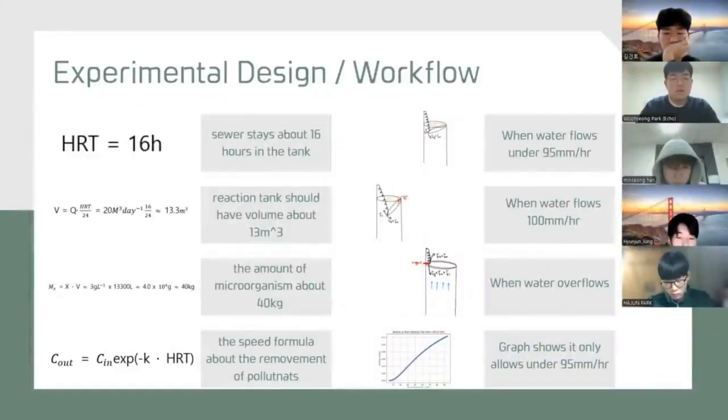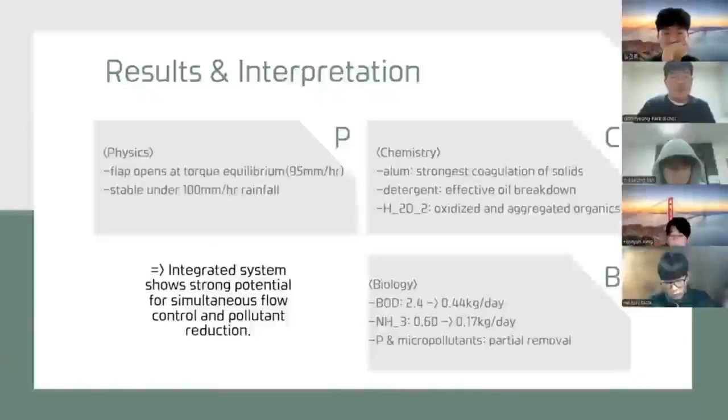The chemistry results showed that alum had the strongest effect on sedimentation of solids. The detergent precipitated oil and hydrogen peroxide oxidized and coagulated organic matter. The biology results showed that BOD decreased from 2.4 kilograms to 0.044 kilograms per day, and ammonia from 0.6 kilograms to 0.17 kilograms.